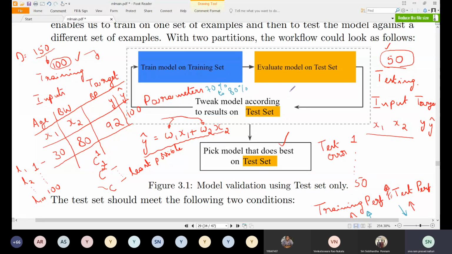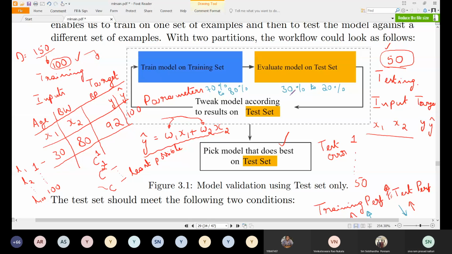For testing purpose, obviously the variation will be from 30% to 20%. Suppose if you take 80% of data for training, we take the remaining 20% for testing purpose.